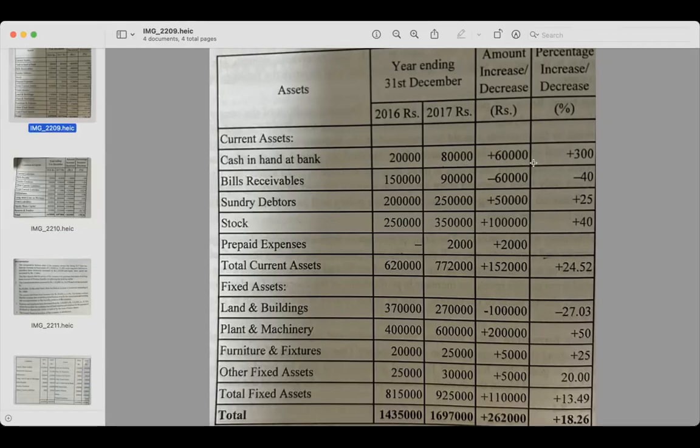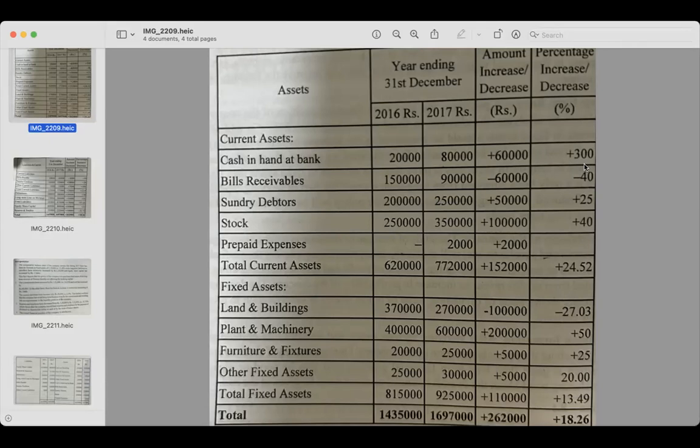There is an increase of 60,000, therefore indicated with positive sign. 60,000 by 20,000 into 100 is 300%, positive 300%. Bills receivables, 1,50,000 and 90,000. There's another 60,000 difference. The difference is decline, so indicated with a negative sign. Minus 60,000 by 1,50,000 gives you minus 40%.